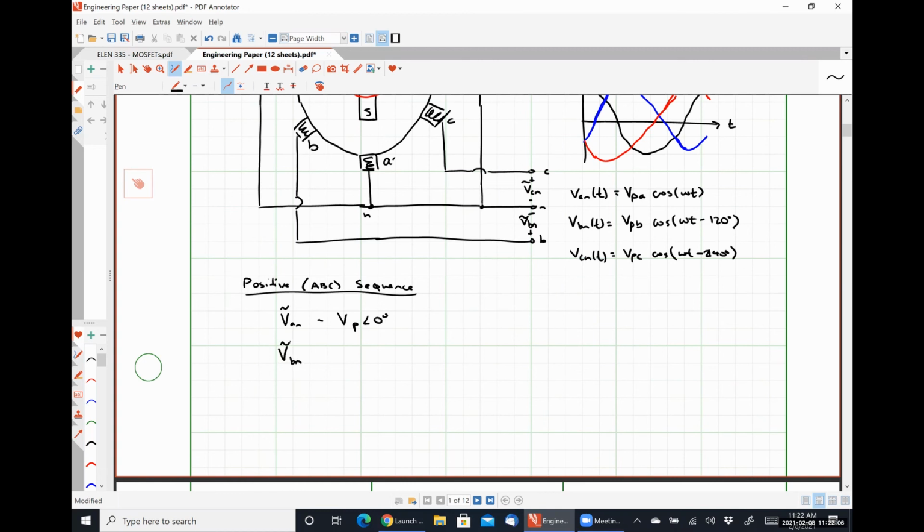Our B phase voltage is VP with an angle of negative 120 degrees.